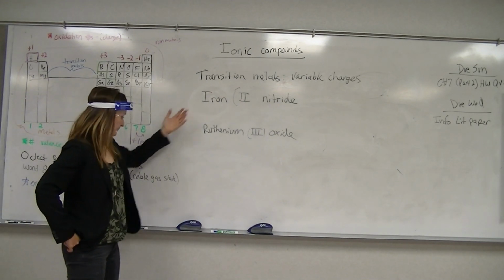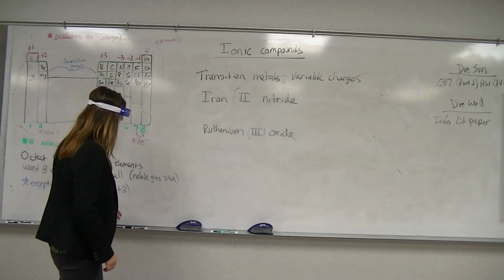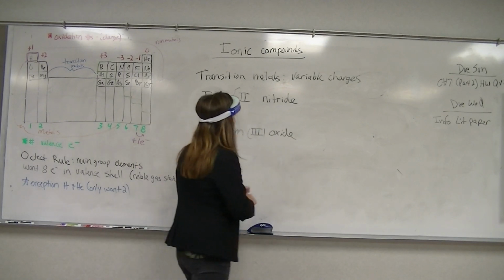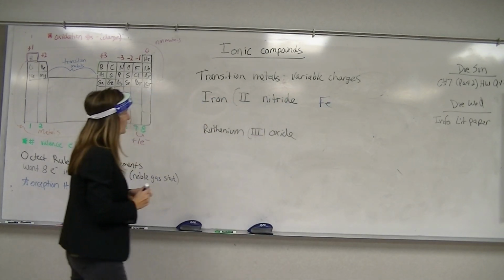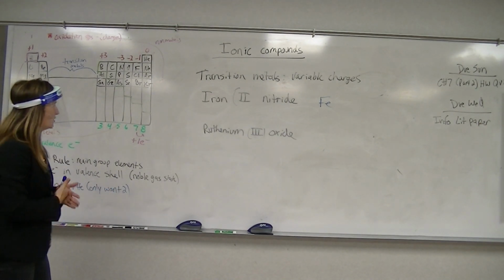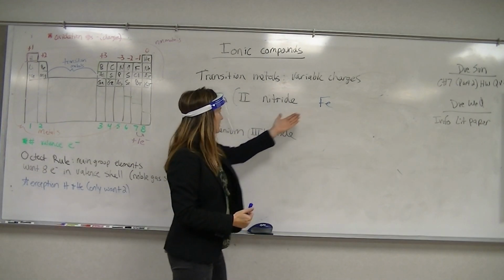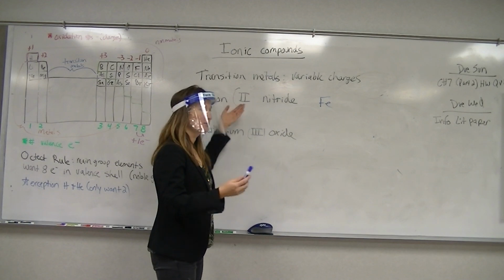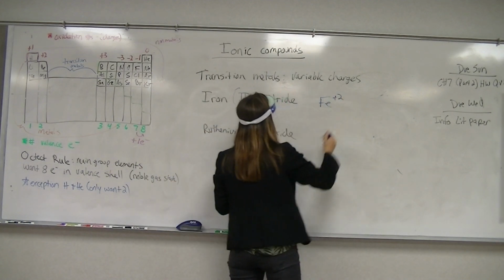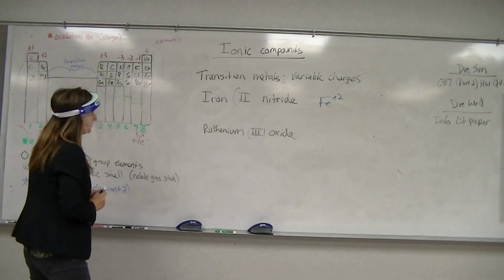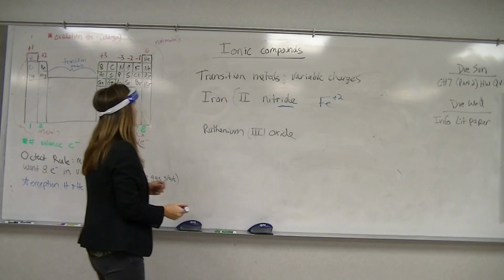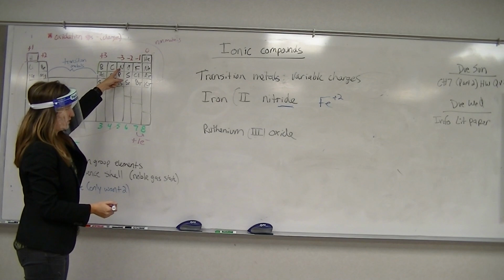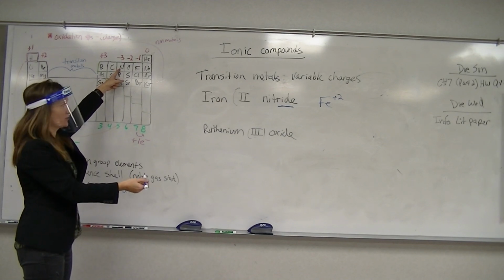So iron: the symbol on the periodic table is Fe, for ferrous or ferric depending on which cation you have. The charge on it, you just look at the Roman numeral: +2. Now, nitride has an -ide ending, so this tells me it's nitrogen on the periodic table with that alternate ending.